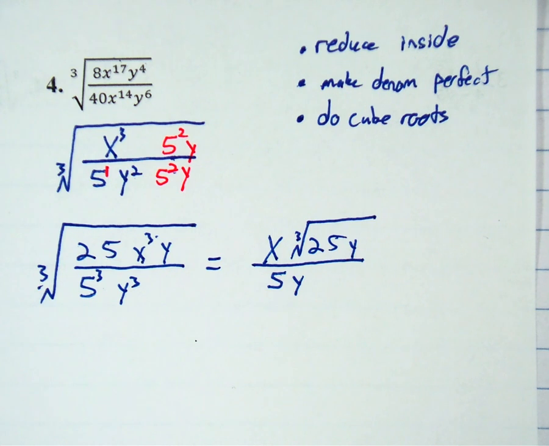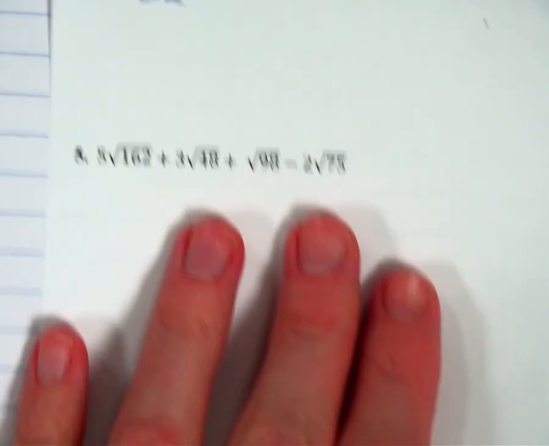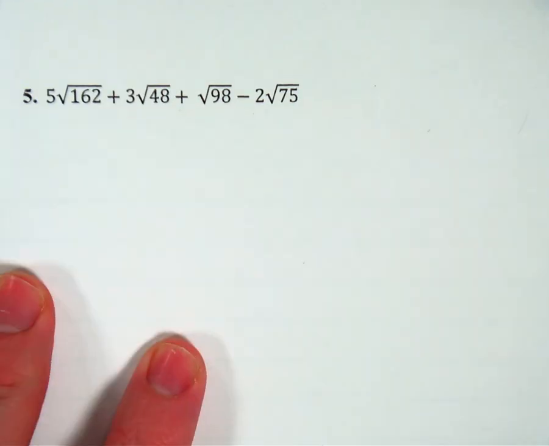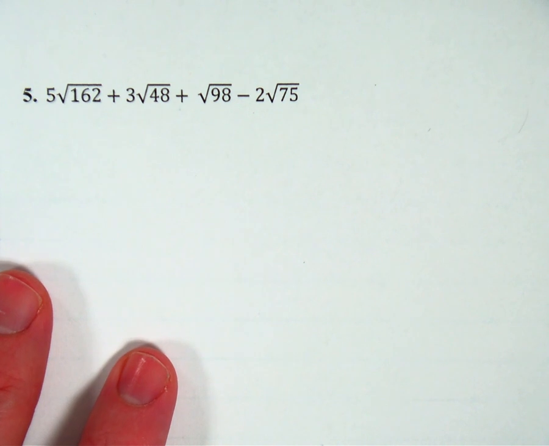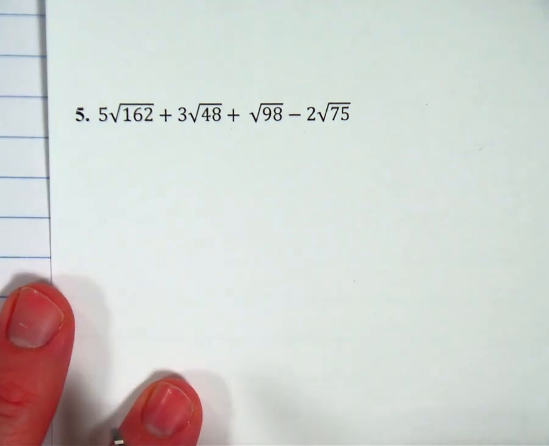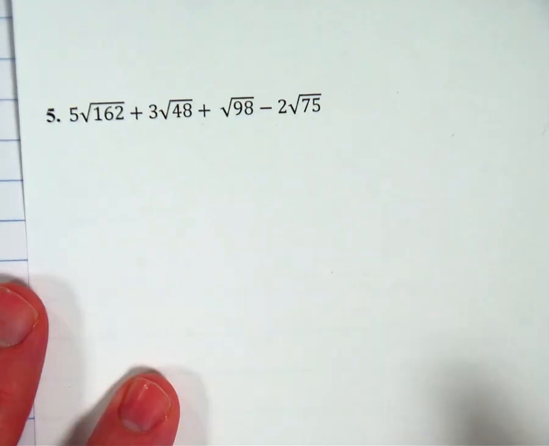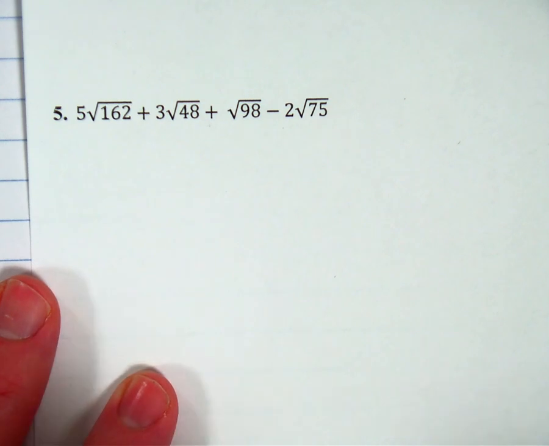All right. Last problem. Reducing radicals and combining. Okay, reducing radicals and combining. Let's look for a perfect square working out with 162. The biggest perfect square working out with 162.